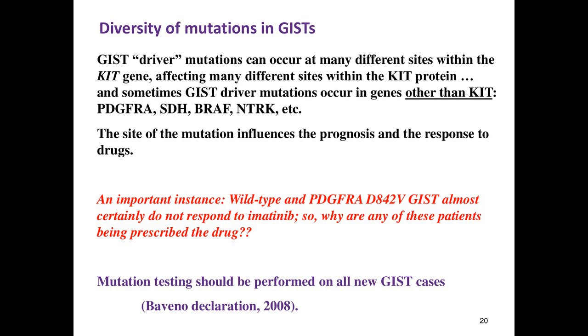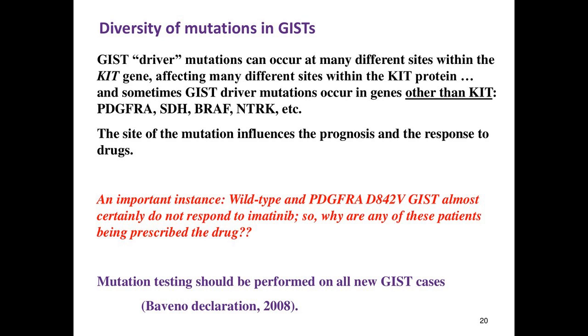So we've been saying for more than a decade that all new GIST cases should be provided with mutational testing of the tumor cell DNA to identify the nature of the driver mutation. And it's taken a long time to get this implemented. There are a few countries now, Belgium is actually one example, where this is already implemented, and every new GIST case is being studied by mutational testing.